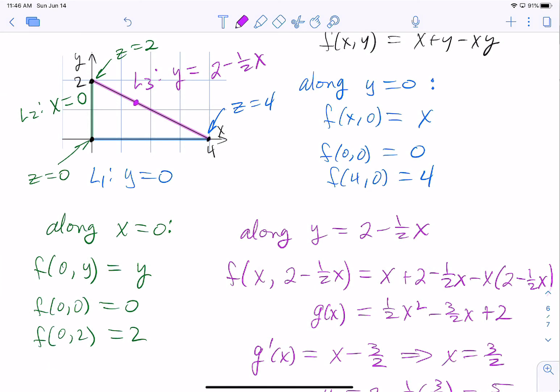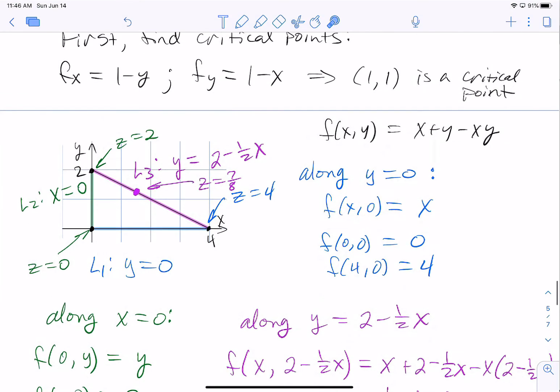Along L3, at the point (3/2, 5/4), we found that z was equal to 7/8. So just along that curve, the z value dips from 2 down to 7/8 and then back up to 4. Now let's not forget that (1, 1) was a critical point.